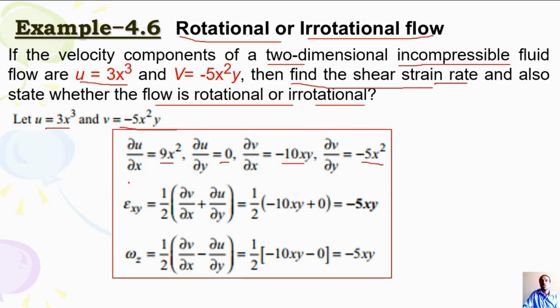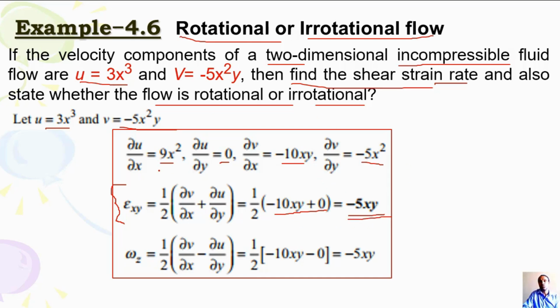So the shear strain rate is given by this equation. This is the shear strain rate, which is eta xy equal to half of del v del x plus del u del y, equal to half of minus 10xy plus 0. Then you have this result.